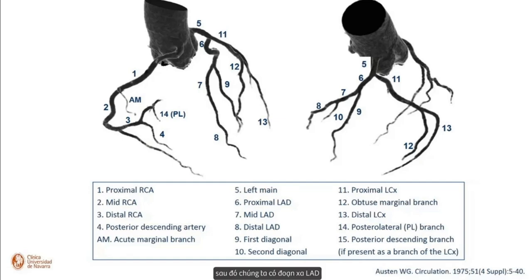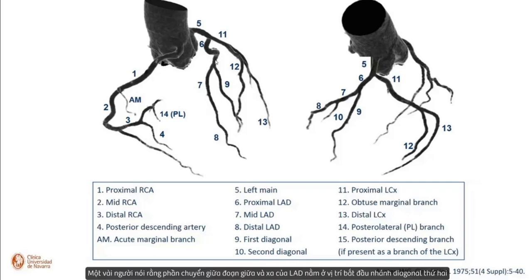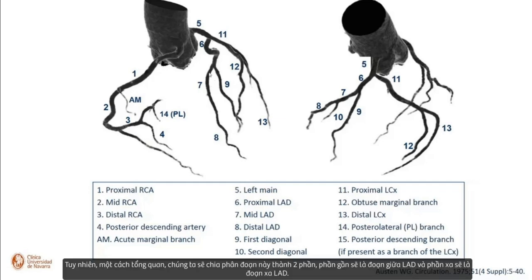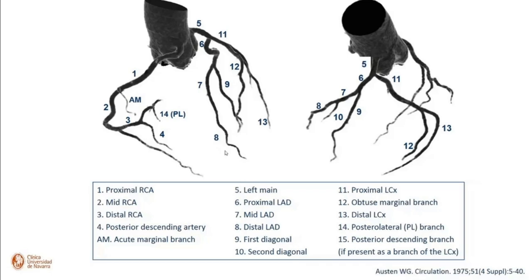Then we've got the distal LAD, where the transition between the mid and the distal, some people say, will be the takeoff of the second diagonal branch, but generally speaking, what we do is we divide this entire length in two. So the proximal would be the proximal LAD, the mid LAD, and the distal LAD will be the distal part.